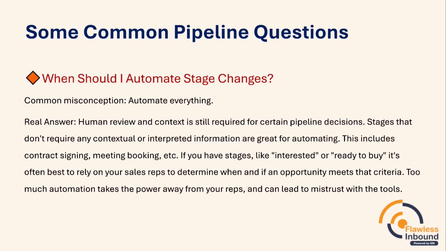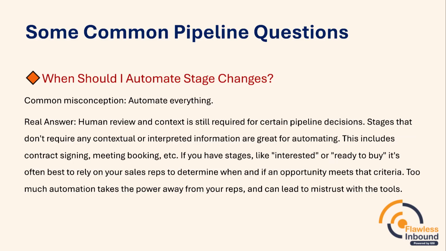That's pretty simple. But if you have stages like interested or ready to buy, it's often best to rely on your sales reps to determine if and when an opportunity is meeting that criteria. And now you can say that things like deal scoring or lead scoring can help with moving those things along. And that is true, but there comes a time when too much automation does take the power away from your reps, which can lead to mistrust with the tools.